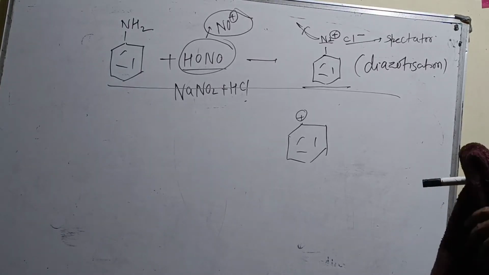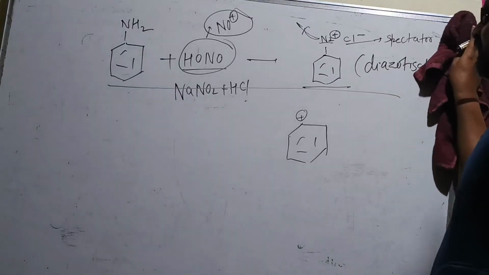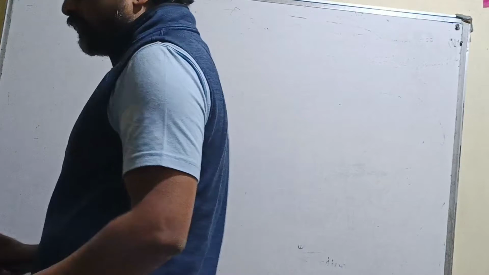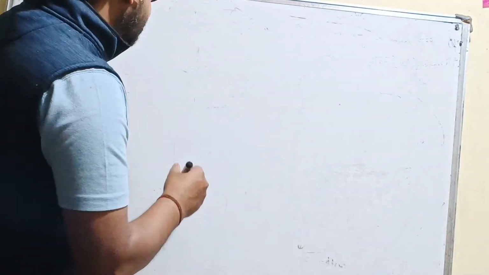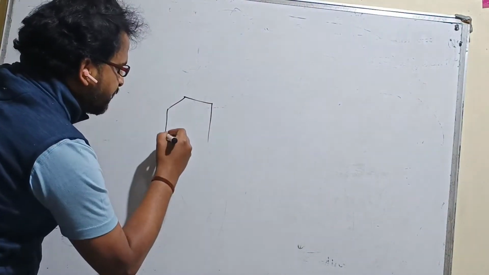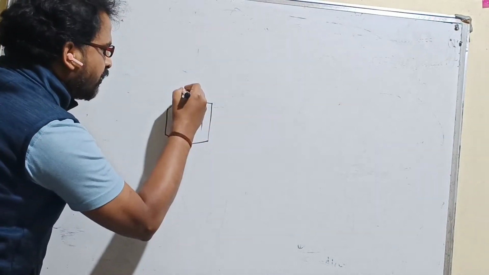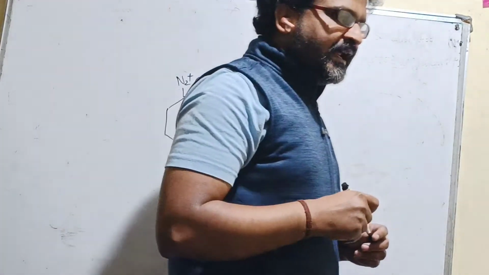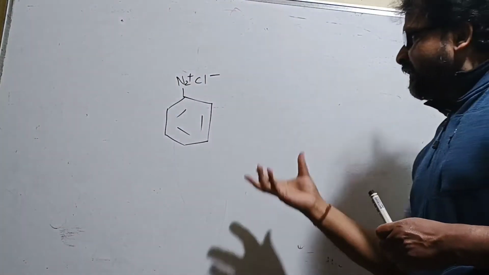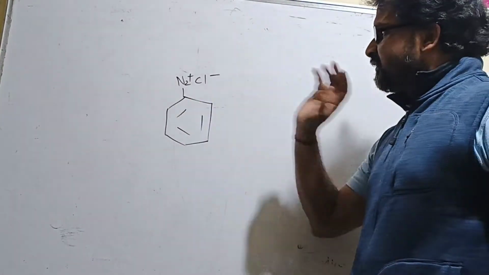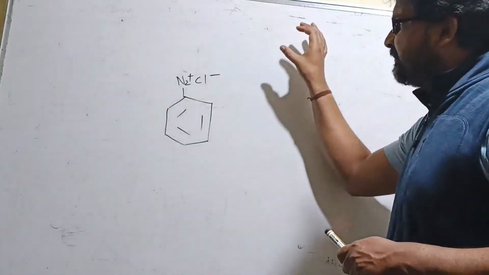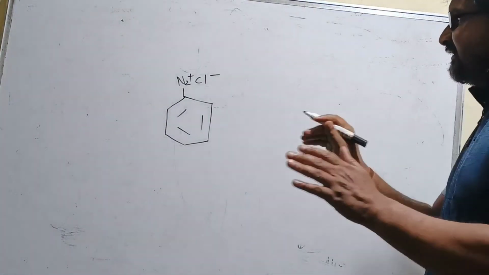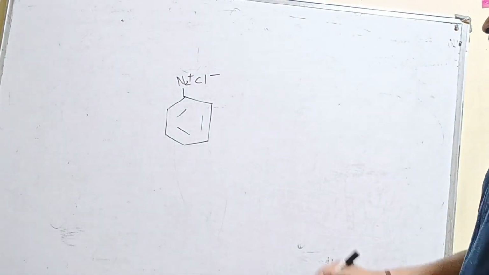We will see some important reactions of diazonium so that you can quickly revise this section for your school or competitive examination. This is the diazonium salt. N2 will liberate to give the plus perception, and Cl minus is a spectator ion, so it is not taking part in the desired reaction.